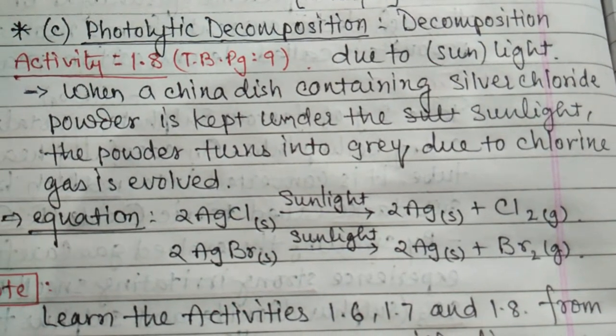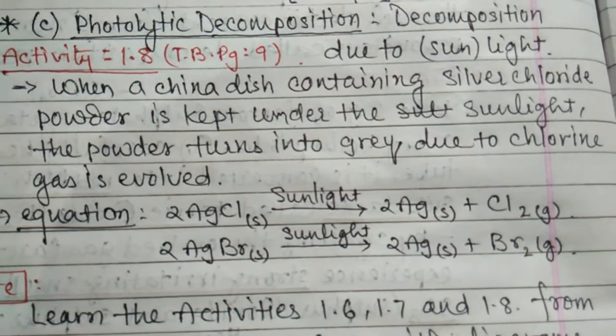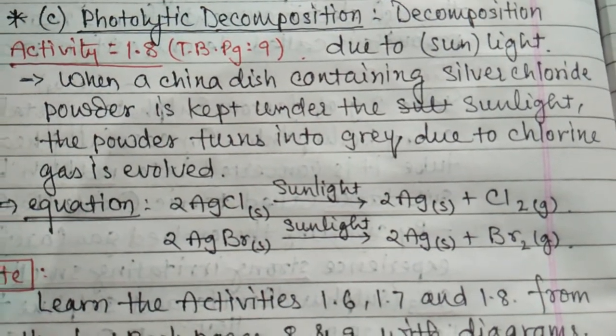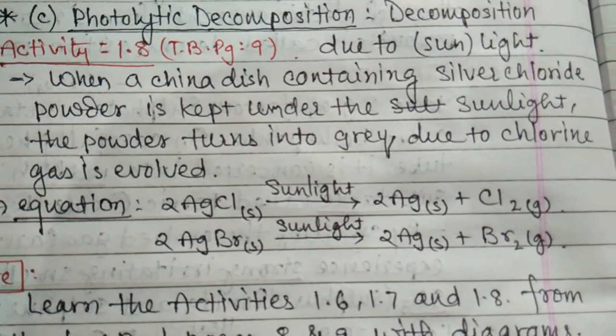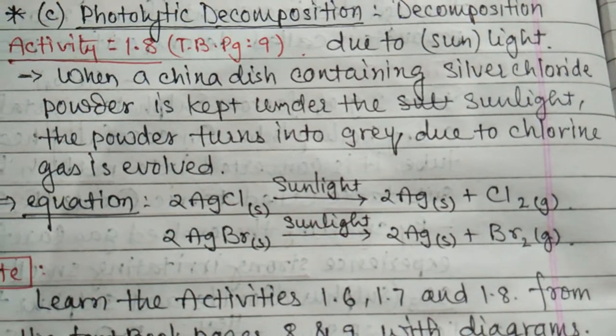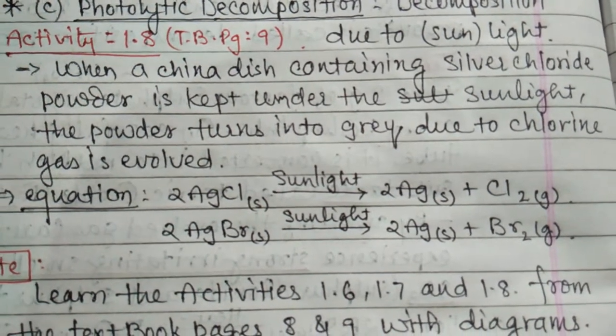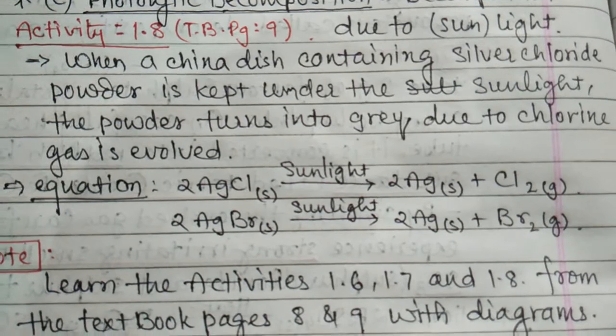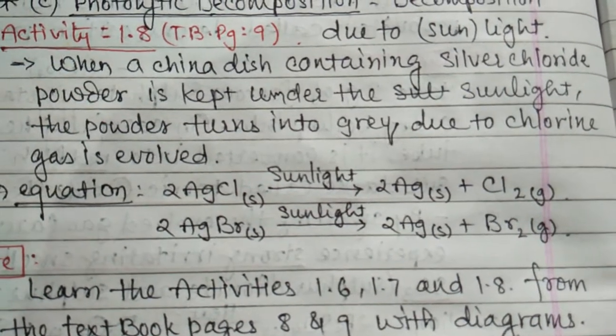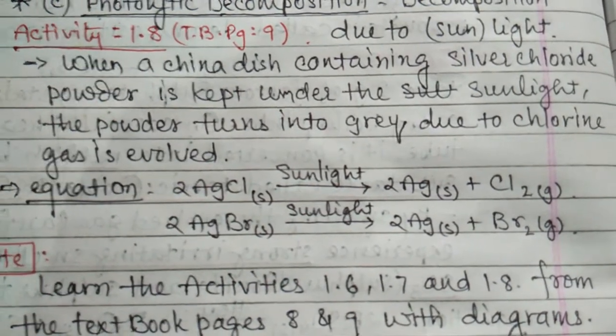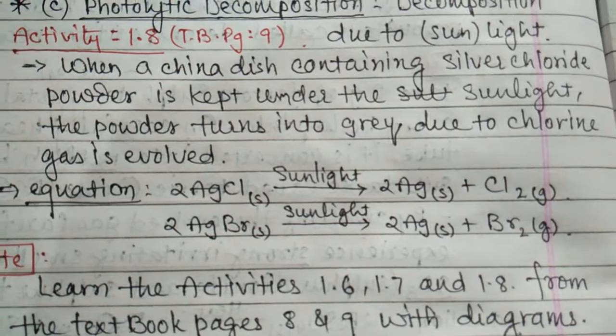Under the direct sunlight, the powder turns gray, because this powder is white, but after this reaction it turns gray as chlorine gas is evolved. The chlorine gas is removed from silver chloride.